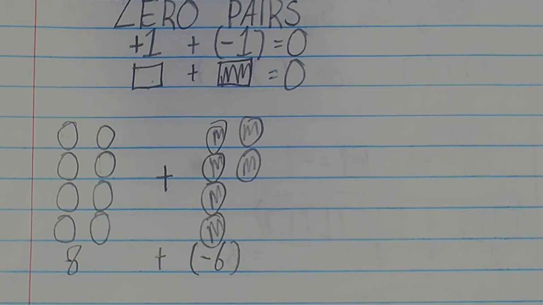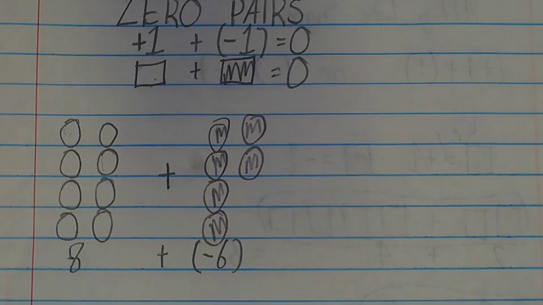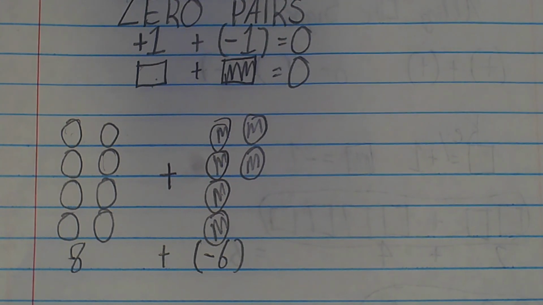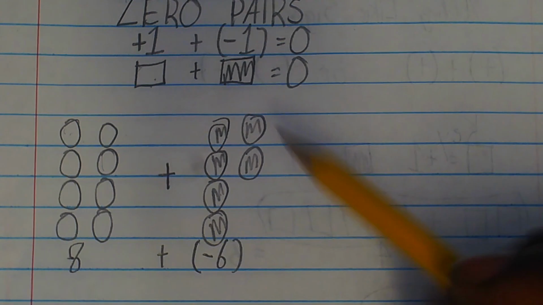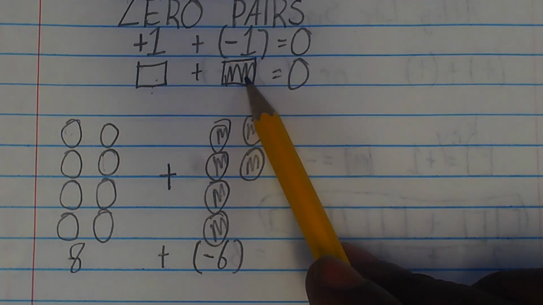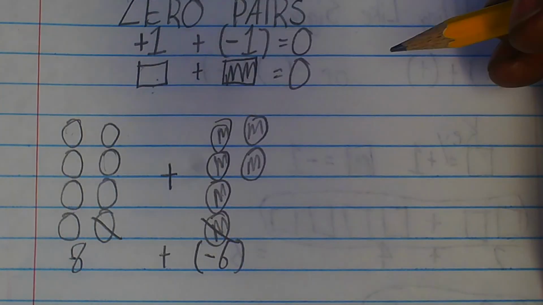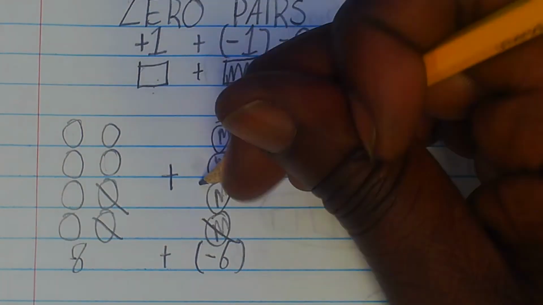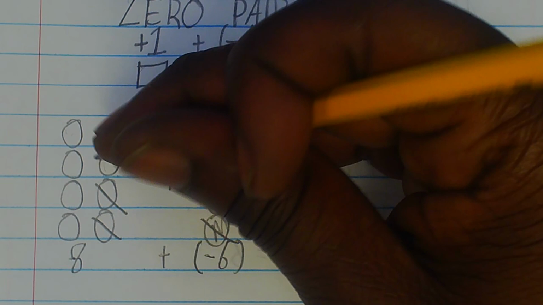All right. And now we can look to create zero pairs. Zero pairs mean we have one positive and one negative. So here we have one zero pair. We have another zero pair. Another.